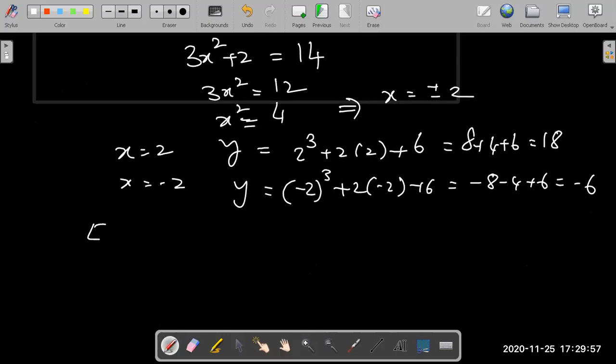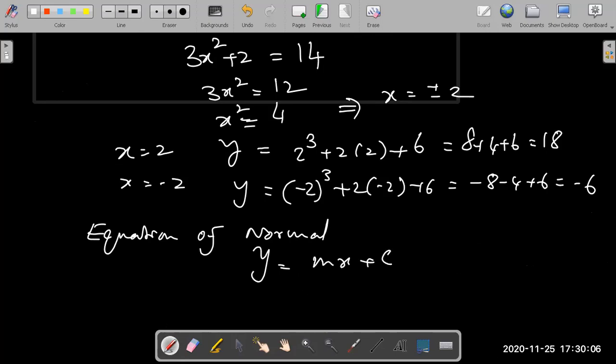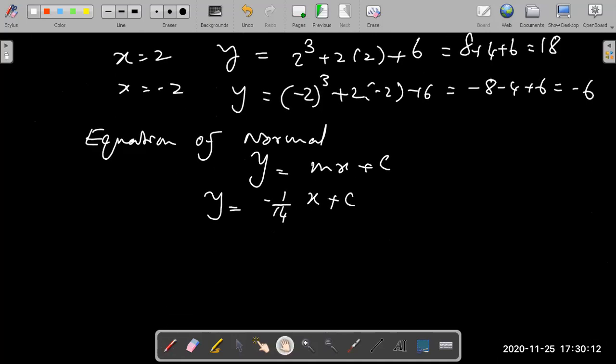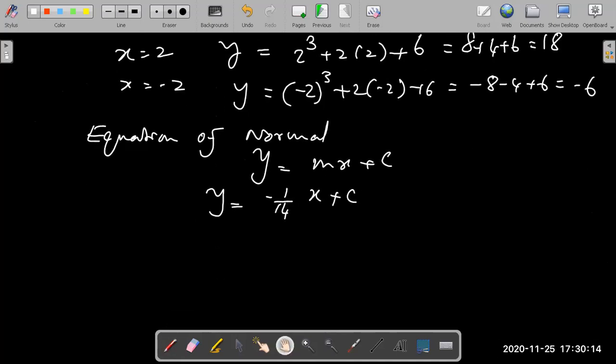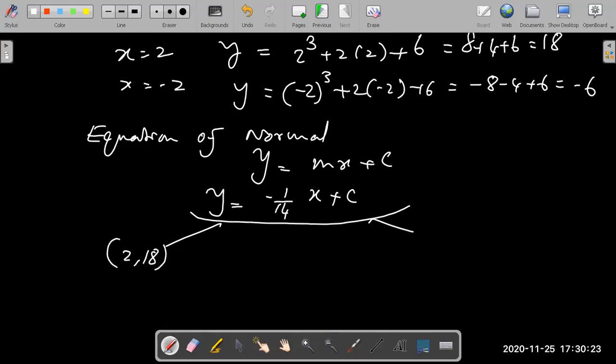So the equation of a normal, y = mx + c. So we know m is equal to minus 1 by 14, x plus c. If I substitute 2 points, I will get 2 different equations. So I substitute x is 2 comma 18 and minus 2 comma minus 6.